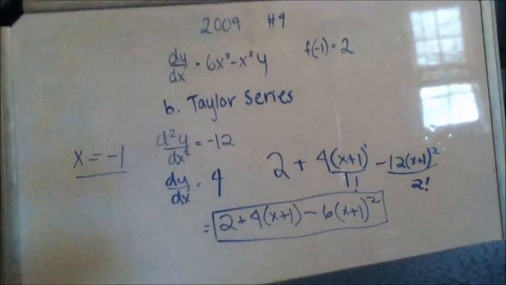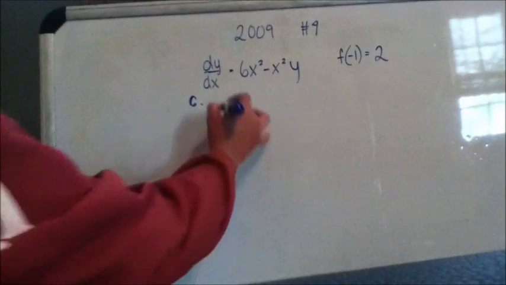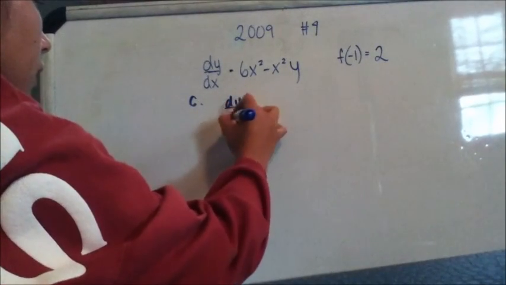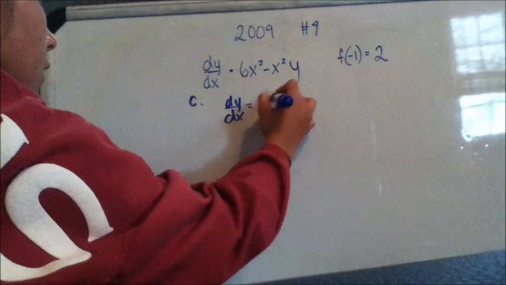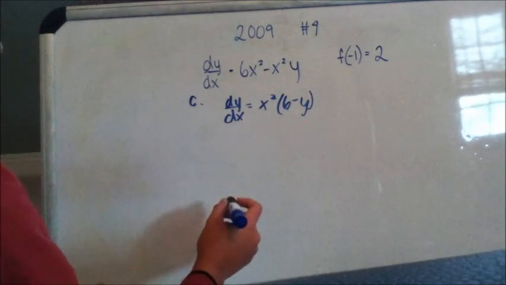Now the final part, part C, the hardest part, states to find the particular solution y equals f of x to the given differential equation with the initial condition f of negative 1 equals 2. So we know we're going to have to use an integration technique to solve for y. So our first step is going to be to factor out the x squared, x squared times 6 minus y, so that we can separate the variables.